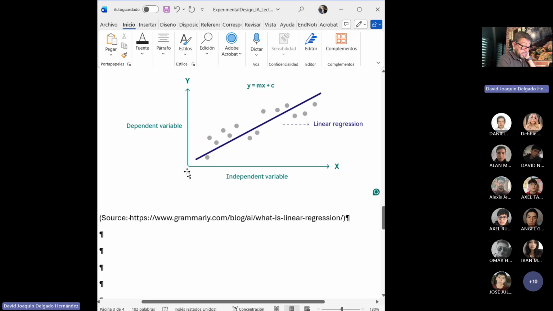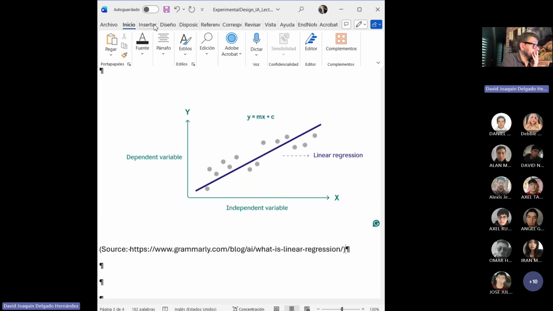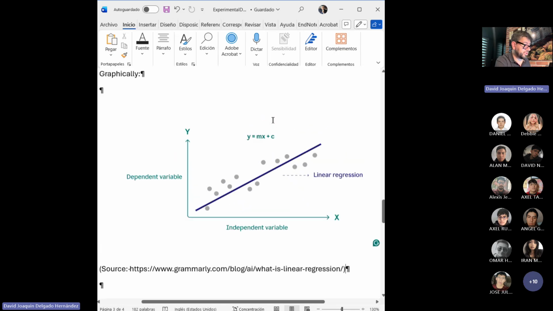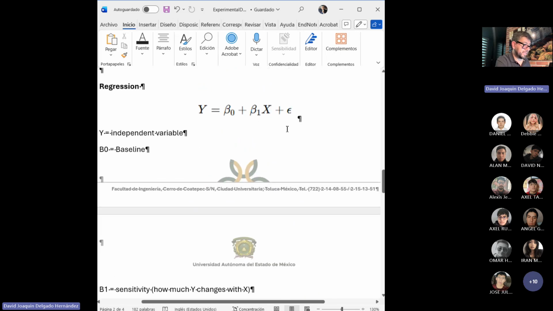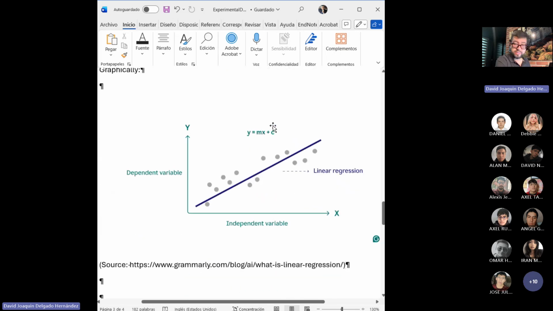Well, so as you can see here, we have the independent variable, and then you have the dependent variable, and these are the data, the information that you have. And this line is the linear regression, right? This is another way to show this expression, equivalent to this formula.